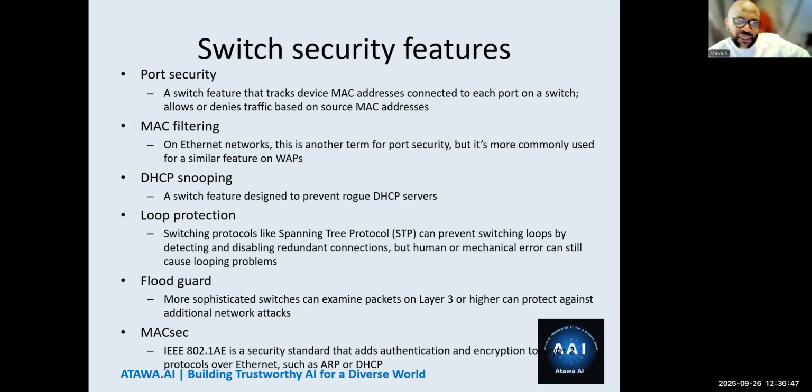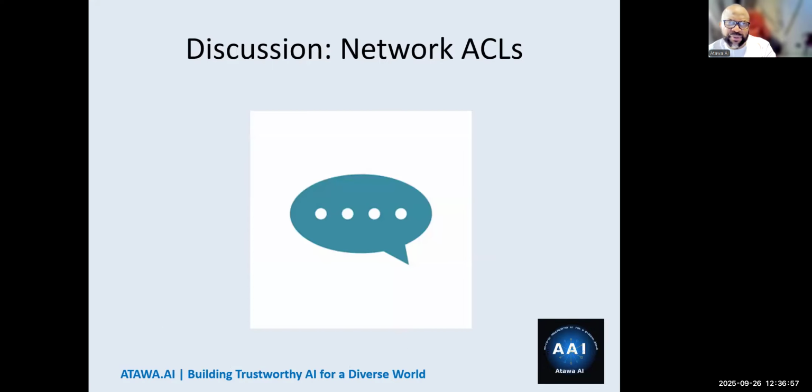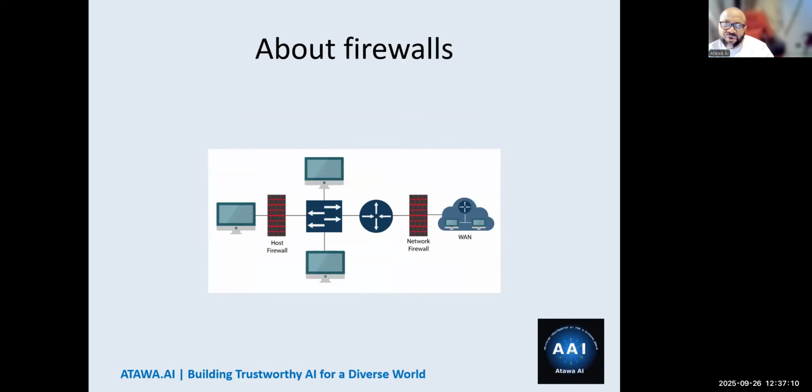It's important to know that it's capitalized AE. In this case, you add authentication and encryption to protocols over the internet, such as ARP or DHCP. Network access control, what you just need to know here is what do they mean, right? How can I configure them? How can I prevent attacks on my network using this?